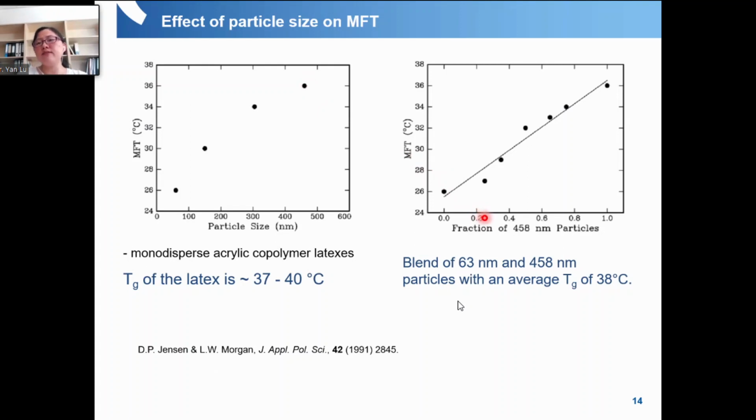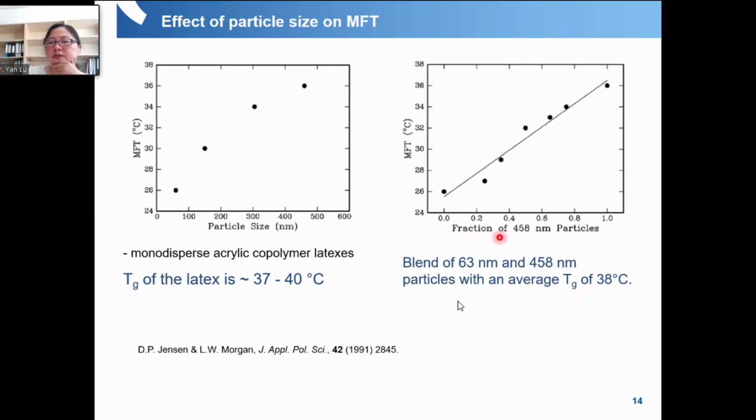Of course, you can also mix small particles with big particles. In that case, they mixed a small particle, with a size around 60 nanometers, with a big particle, with a size around 450 nanometers.